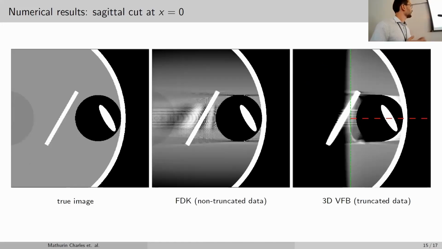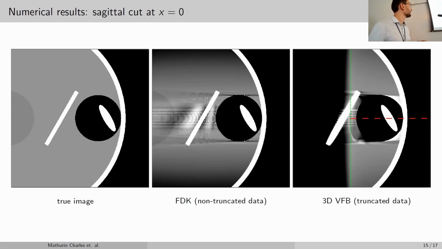Then in the sagittal slice, we can see strong artifacts, both for the FDK and for our formula, but they seem stronger for our formula. For instance, look at the black circle: there are white parts at the top right and bottom right, which do not appear in the FDK reconstruction, and the black part also extends a bit outside the black disk for our formula.